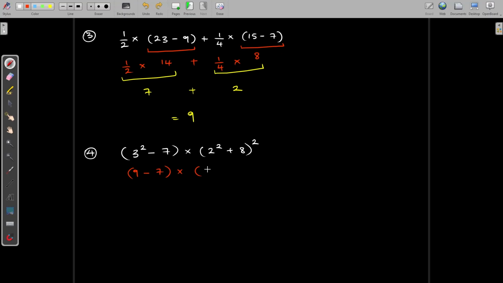So this bracket would give us 4 plus 8, all squared. So now this is 2 times 12 squared. And 12 squared is what? 144. So 288. So we don't have much to worry about with order of operations.